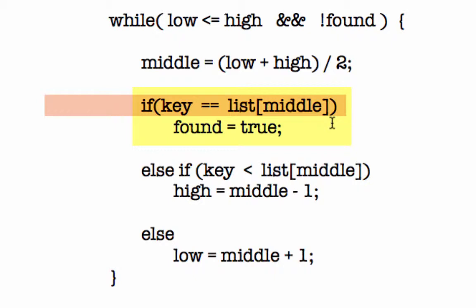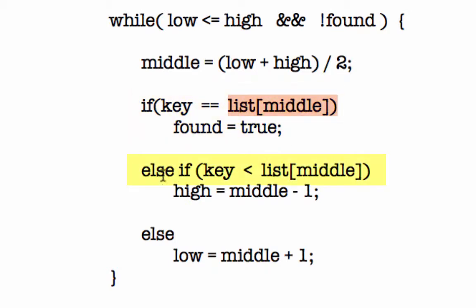Remember, this array is sorted. So in the case of integers, the integer values are in order. Let's assume increasing order. So if the middle element doesn't have the integer that I'm looking for, now I have to decide which of the two halves in my array of integers is likely to contain the integer that I'm looking for. Could be the first half, meaning values which are less than this value in the middle.